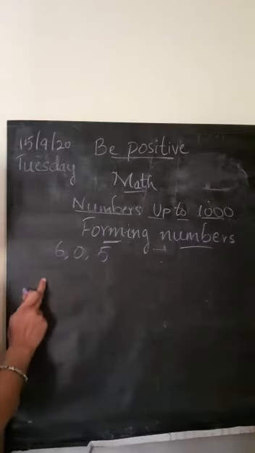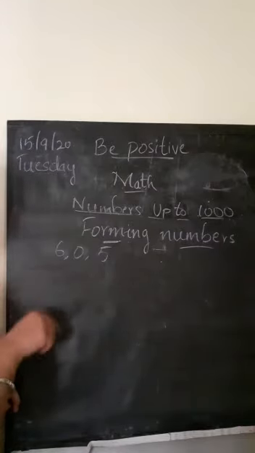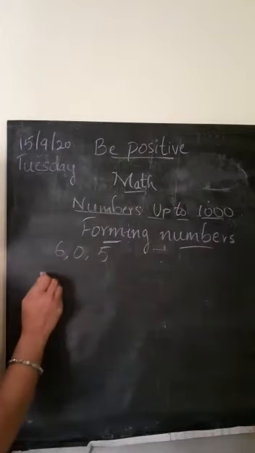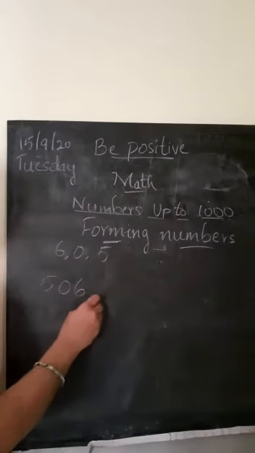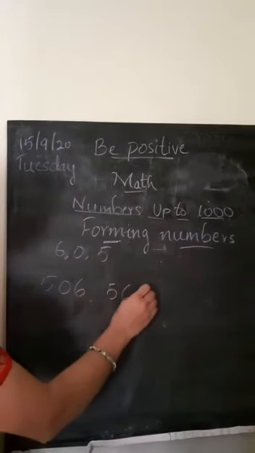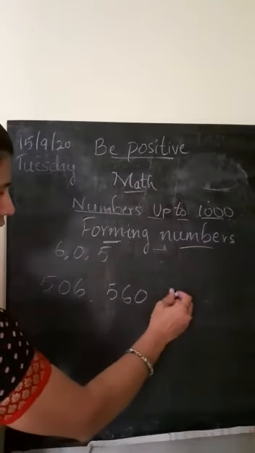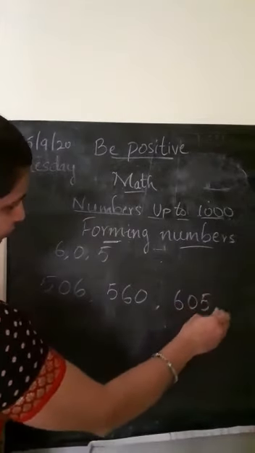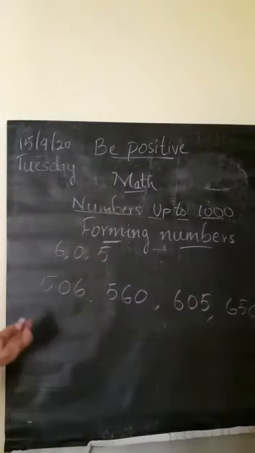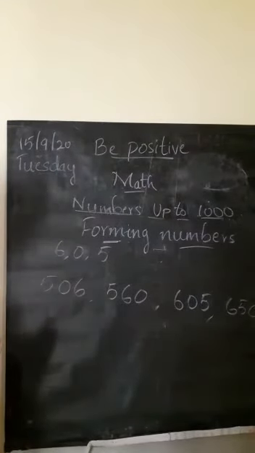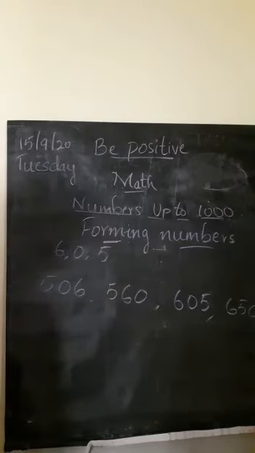So if we write 0 first, it's not possible. It will become a 2-digit number. Here we need a 3-digit number. So we'll write 5, 0, 6. 5, 6, 0. Next, 6, 0, 5 and 6, 5, 0. These are the possibilities of 3-digit numbers using the digits 6, 0 and 5.